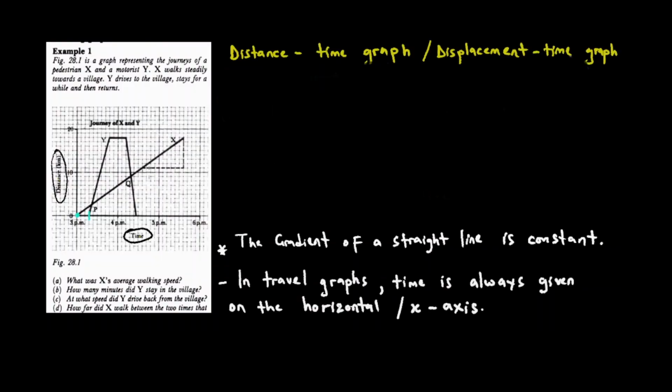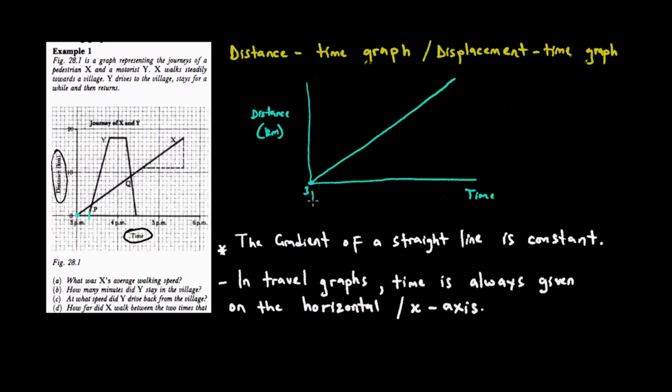Okay. When it comes to the pedestrian, if we want to reproduce the graph, it is going to be something like this. We have distance, and on the horizontal we always have time.